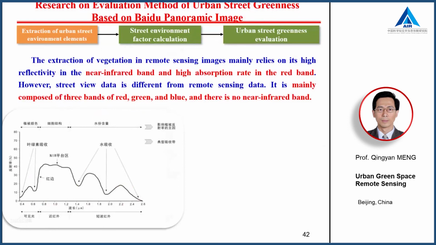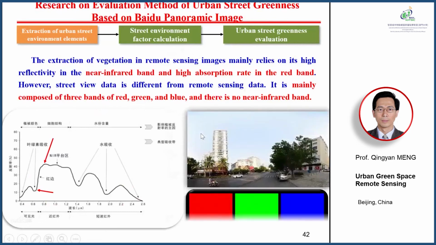The extraction of vegetation in remote sensing mainly relies on the high reflection in the near infrared band and the high absorption rate in the red band. However, the street view data is different from the remote sensing data.